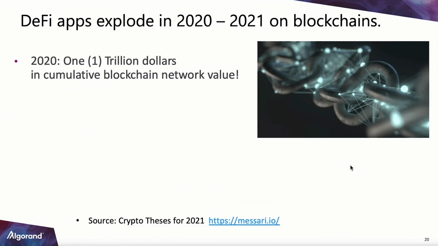And believe it or not, in 2020, there was $1 trillion in cumulative blockchain network value. There's a lot of blockchains out there. There's Bitcoin, there's Ethereum, there's Algorand, and about 1,900 other blockchains last time I checked. The cumulative value of all those networks is over $1 trillion. And most of that was done in the last 6 months of the year.